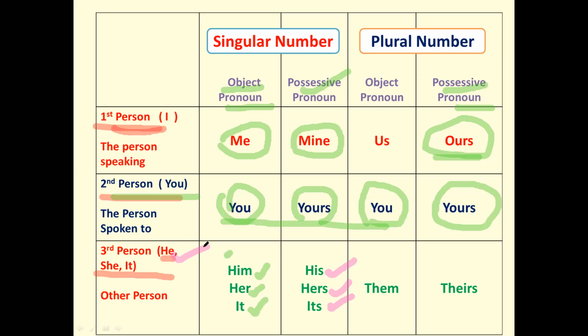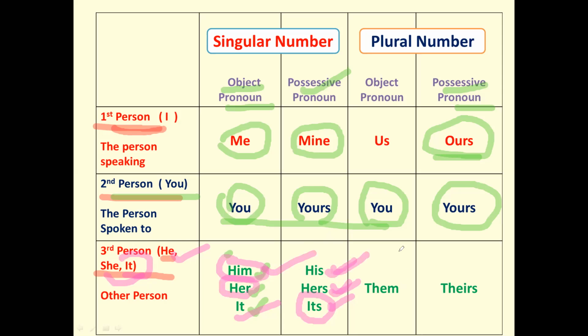He refers to masculine gender. She refers to feminine gender. Its is derived from the objective pronoun it. His is derived from the masculine gender he, and hers is derived from her.